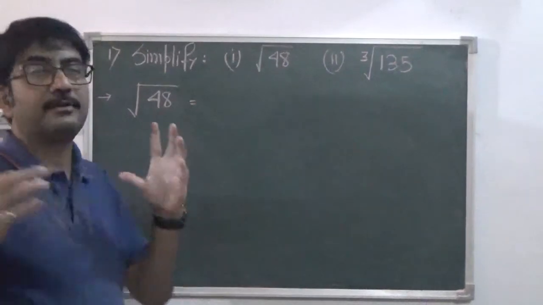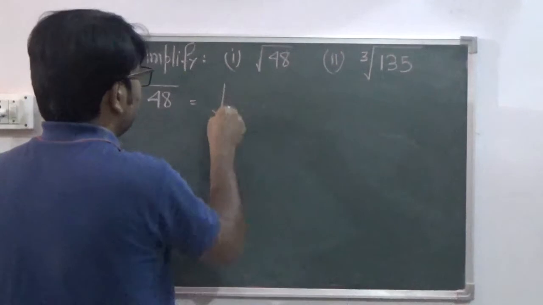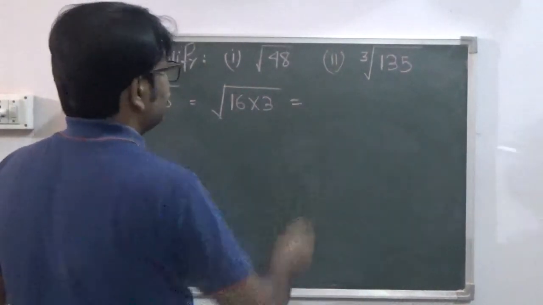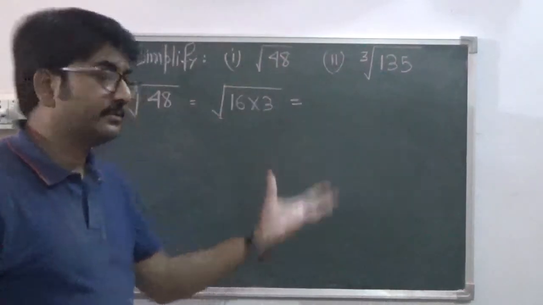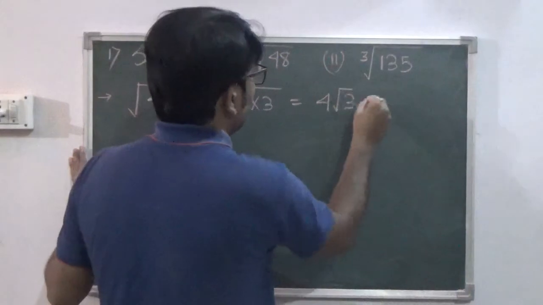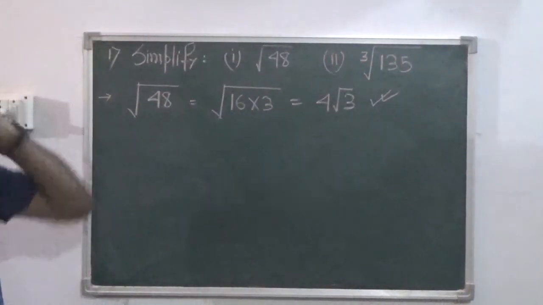We know the table of 16, so 16 into 3 is 48. The square root of 16 is 4, so you take it out, and 4 root 3 is your final answer. So this way we have simplified.